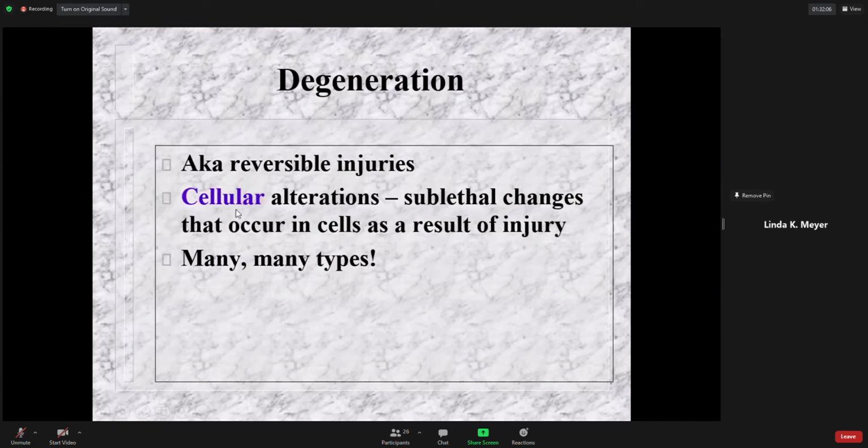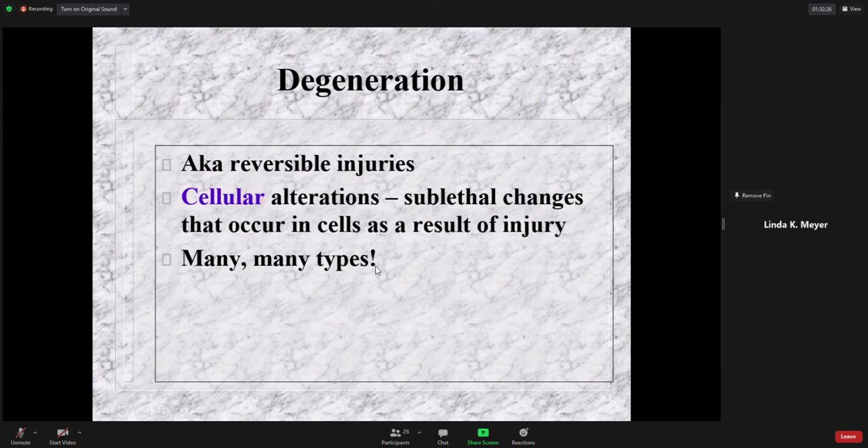These are changes that are seen at the cellular level, so they're only seen under the microscope. They're classified as reversible injuries, because if we take away the stimulus causing them, the tissue can return to normal.